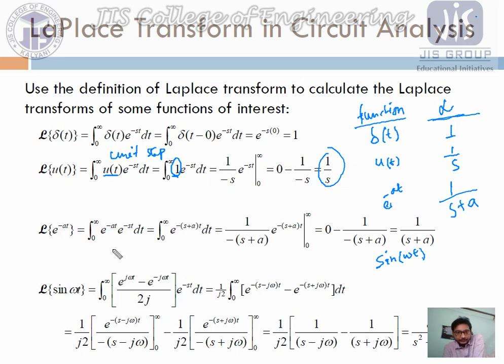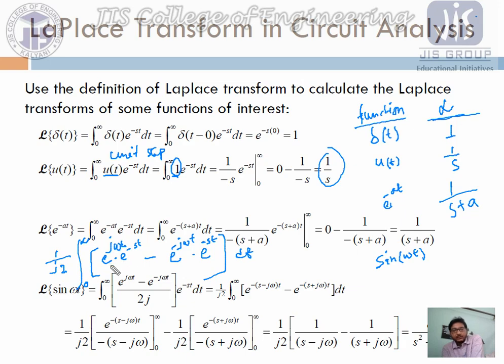It comes as 1 by j2 as a common factor, then the integration from 0 to infinity, and within the brace we get e to the power j omega t multiplied with e to the power minus st, minus e to the power minus j omega t multiplied with e to the power minus st, and the whole of dt.